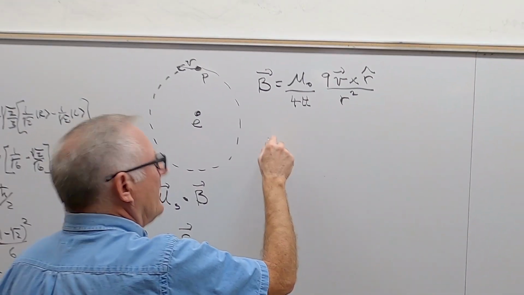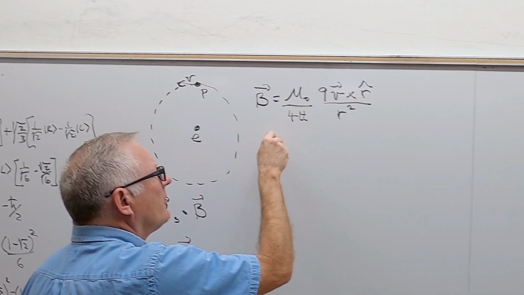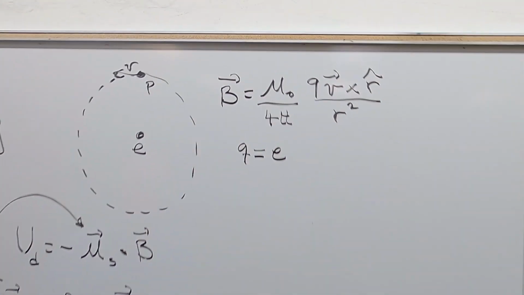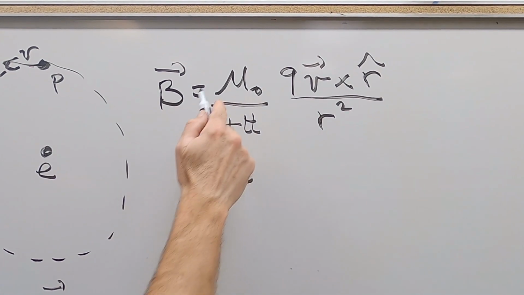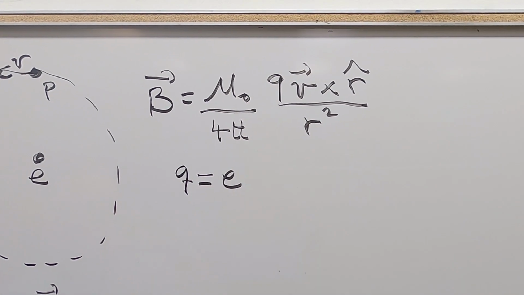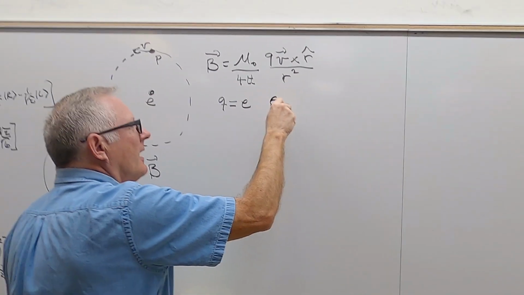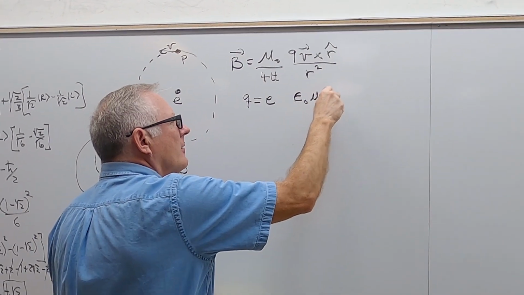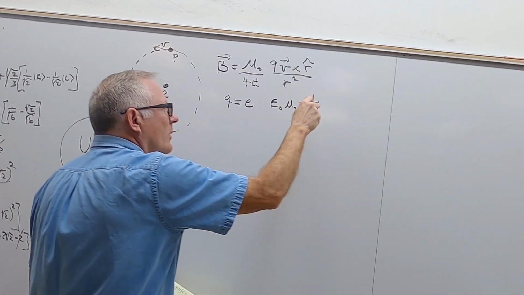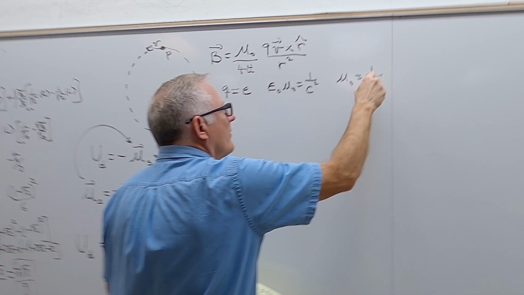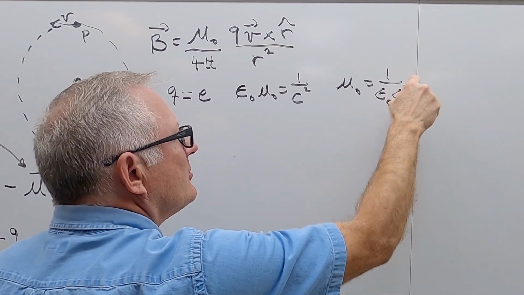Okay, and I'm going to do a few things. We know Q is equal to E, the charge of a proton. We also know, I'd like to put mu naught in terms of epsilon naught. We do know that epsilon naught mu naught is 1 over the speed of light squared. So mu naught is equal to 1 over epsilon naught c squared.